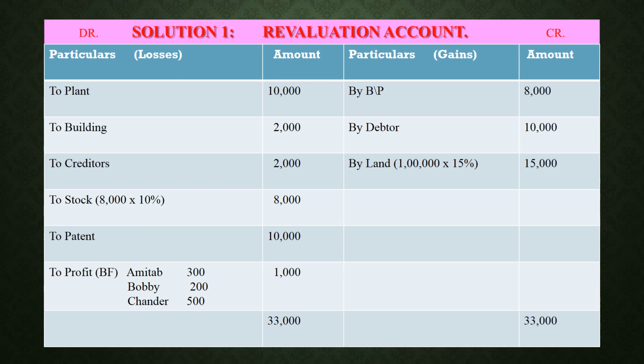Profit is a balancing figure which comes out to be rupees 1000. This 1000 would be distributed among the old partners in old ratio. The three partners names are Amitabh.